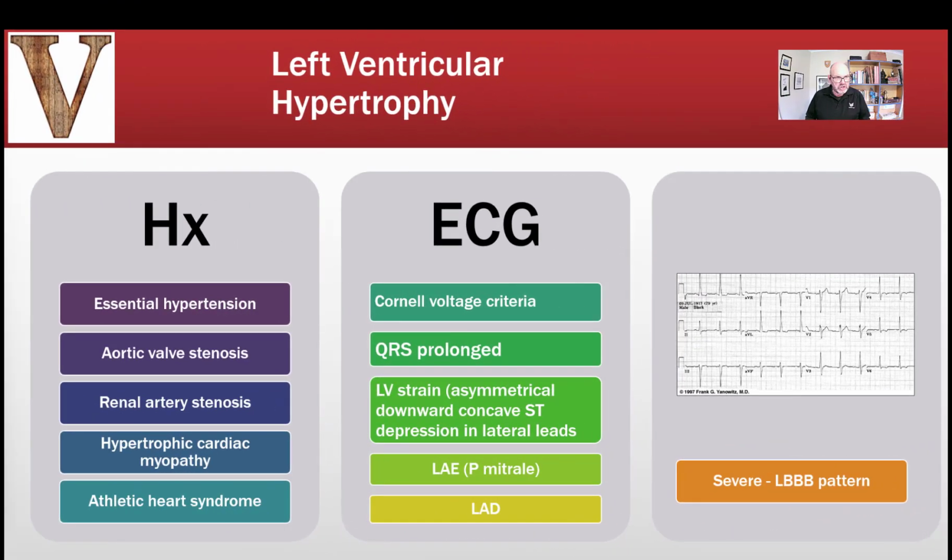Just discussing left ventricular hypertrophy. This is another condition where secondary repolarization changes might mimic a STEMI. The increased mass of the ventricle prolongs the total depolarization time, and in a manner not dissimilar to a conduction block, drives the ST segment in the opposite direction to the main QRS deflection.